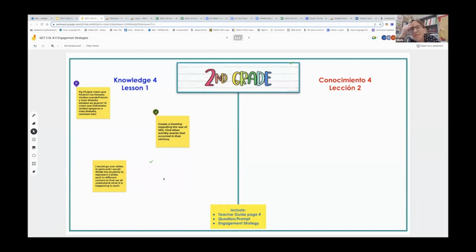Yes, Mercedes. I remember this lesson from last year, and so several things happen, and sometimes they get confused on what happens first and what happens second. So what I do, I put them in pairs, which could be bilingual pairs, and they have to act out what's happening, like the fight, like they get together to write the Constitution.